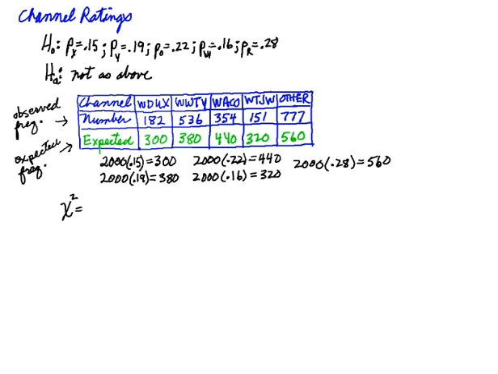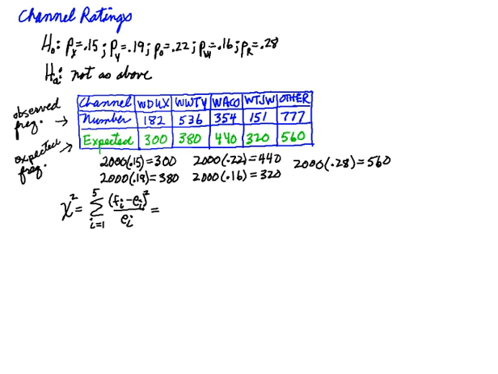And the formula for that is I'm going to go from the very first percentage, i equal 1, up to k. And k in our case is 5. K is equal to 5. And the formula would be the observed frequency, subtract the corresponding expected frequency, that difference squared, and then divided by the expected frequency.